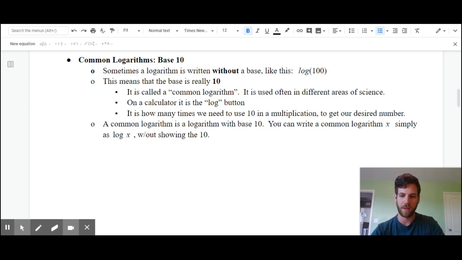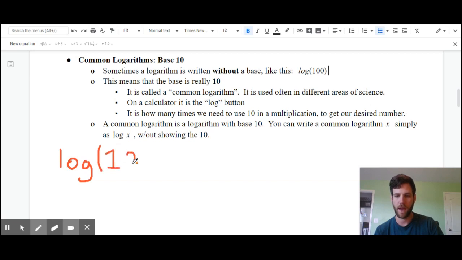So when you are thinking about how this would look, you would basically have a logarithm like if you wrote it out as log of 10. Well, that would be the same thing as log base 10 of 10.